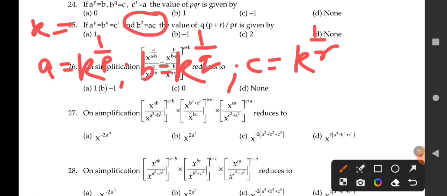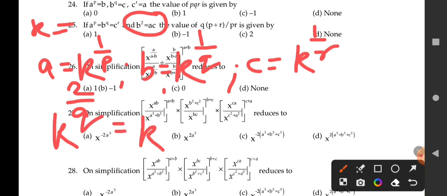Let us substitute in this equation now. So b square means k power 2 by q is equal to k power 1 by p into k power 1 by r.